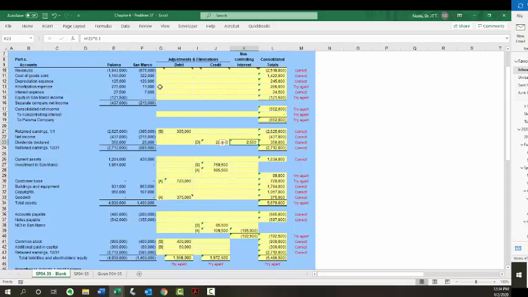The I entry is the same as what we did before. So the I entry is removing 121,500, removing the I. Oh, hold on. We needed a D entry here. And the I entry.